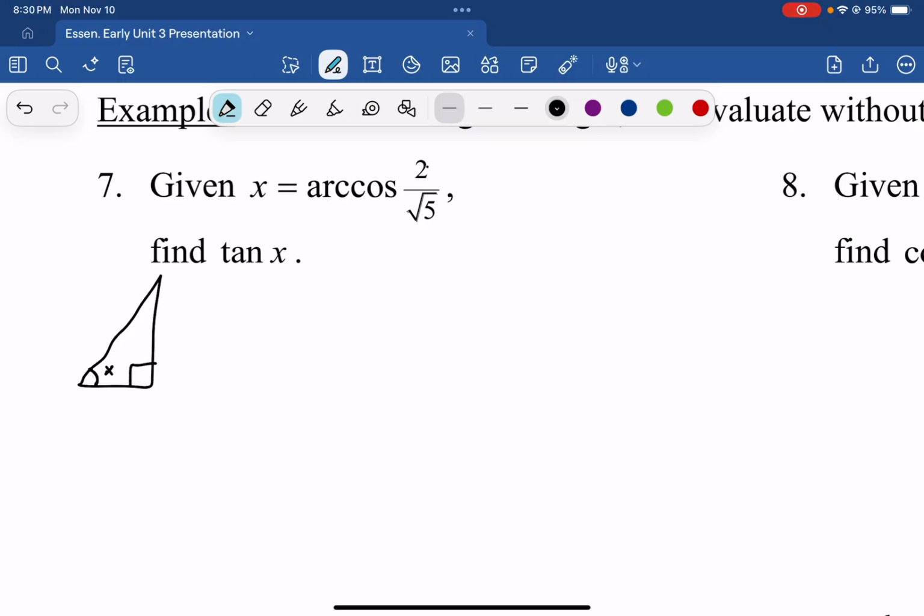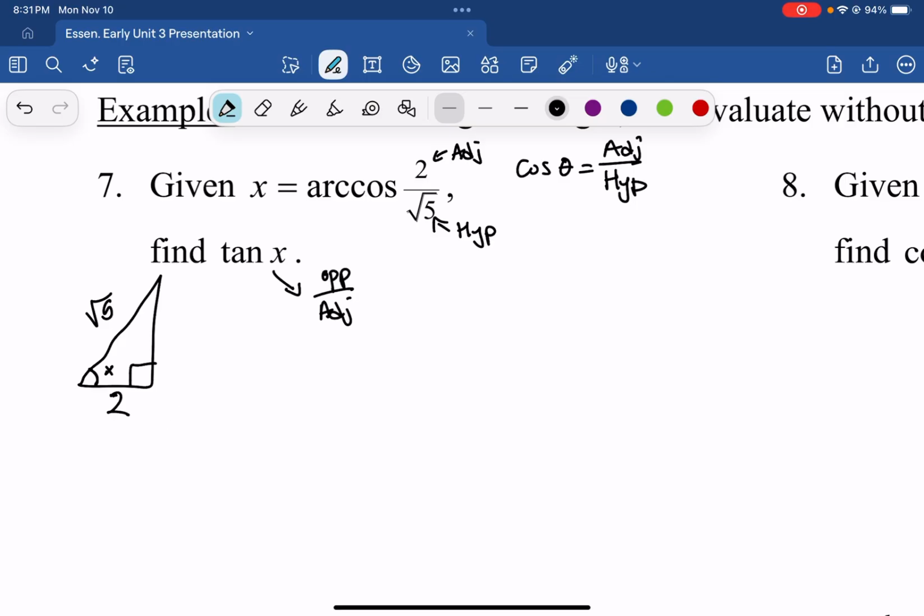So arc cosine of 2 over square root of 5. Remember, cosine of an angle equals adjacent over the hypotenuse. So that tells me that the square root of 5 is my hypotenuse, and that the 2 is my adjacent side. Tangent, which is what we're trying to find, is opposite over adjacent, so I need to find that opposite side. To do that, we use the Pythagorean theorem.